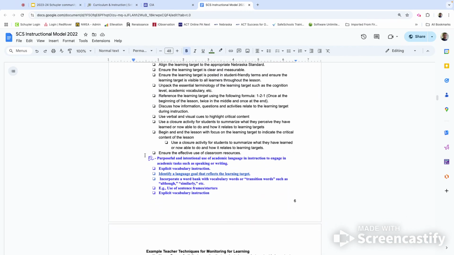And again, for our EL students, here's how to do this. Make sure you're using some very explicit vocabulary instruction. Don't assume kids know what words mean. But maybe you can identify a language goal along with it. So we know that my learning today is going to be about adding 2-digit numbers. And so that's my target for the day.